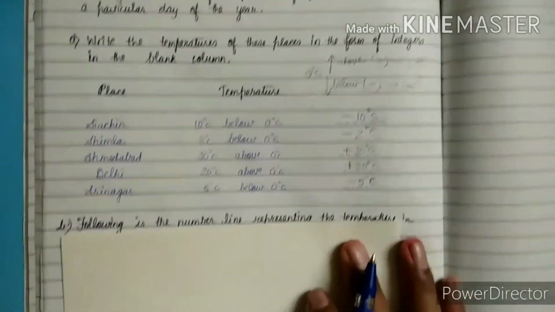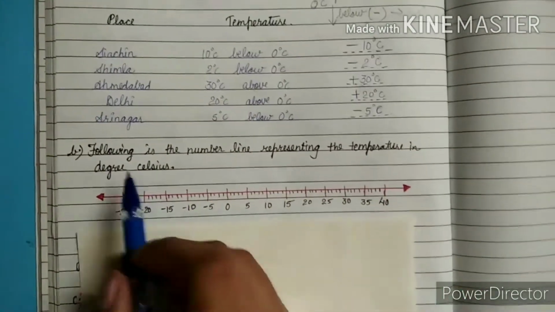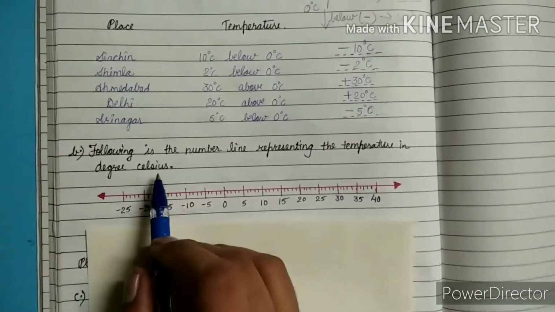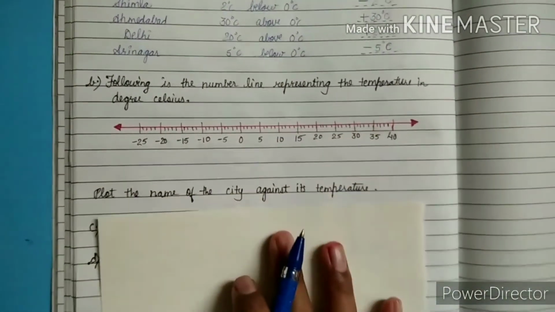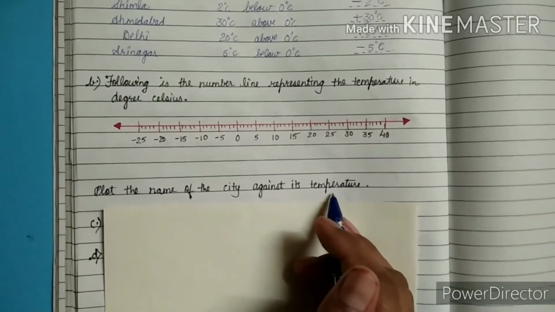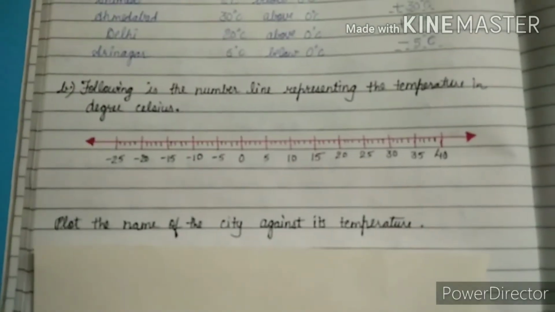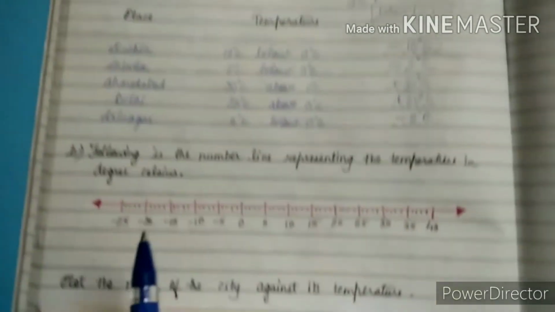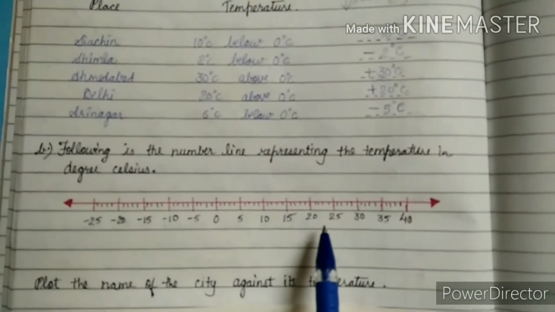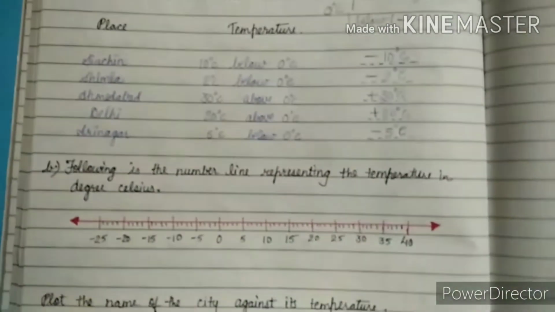Now B is the following number line representing the temperature in degrees Celsius. Plot the name of the city against its temperature. It means we have to show all the given places on this number line according to their temperatures.